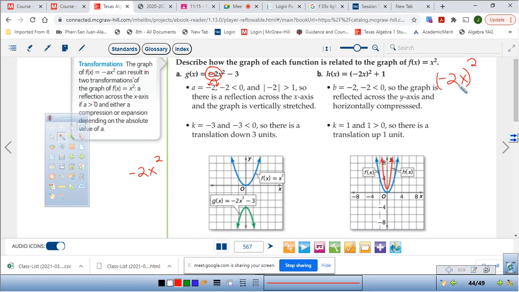So what is this really right here? Does that make sense? So this one right here secretly is a positive, makes it go up. The a right here is greater than 1, so it makes it get slim, or vertically stretched. Positive 1 makes it slide up 1. And there it is.